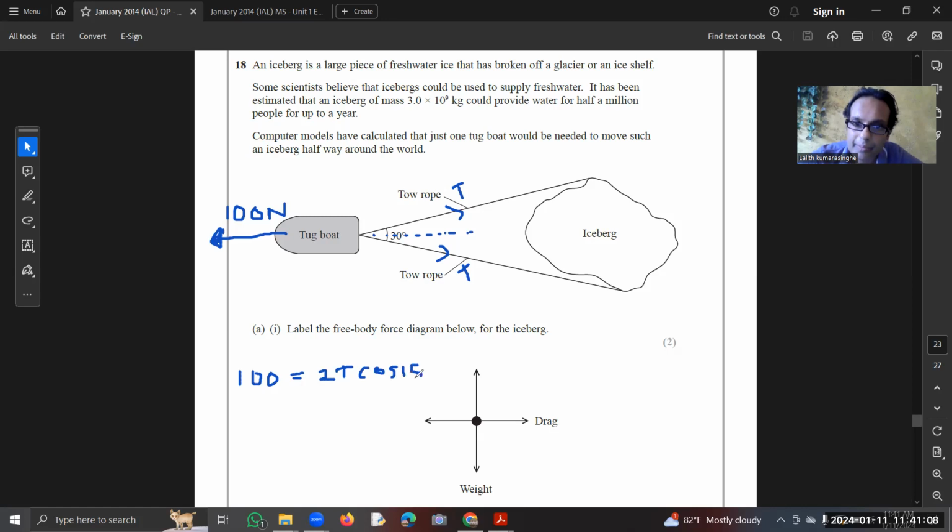What's the force acting on the iceberg? The iceberg also 2T cos 15. We did that working there. Now we'll make it long and see. If I make it long, now the angle will be small. We'll say the angle is 20.